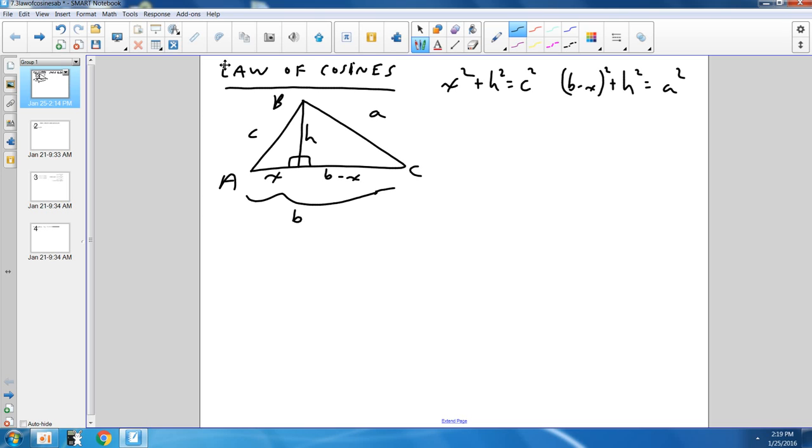I'm going to go ahead and get rid of my h because I don't want that. This is for a non-right triangle. I'm looking at angles and sides. So when I get rid of the h's, I'm going to solve each of those for h squared.